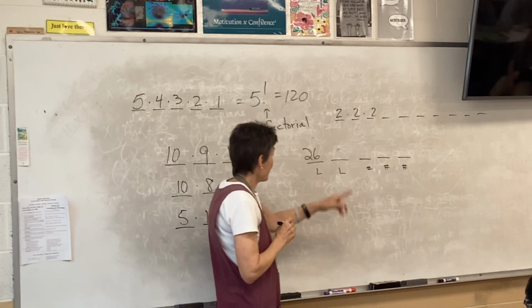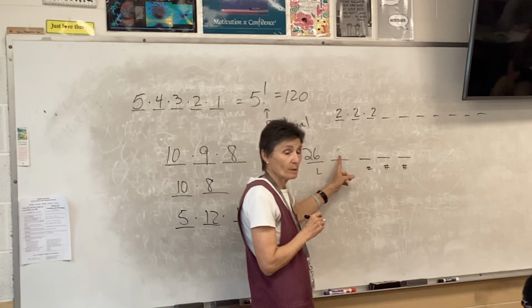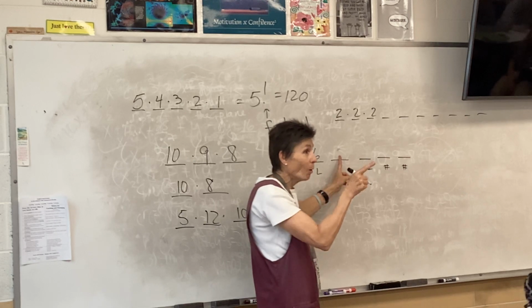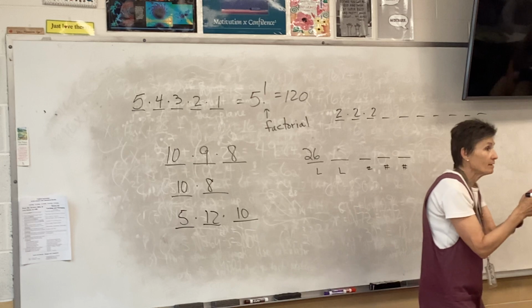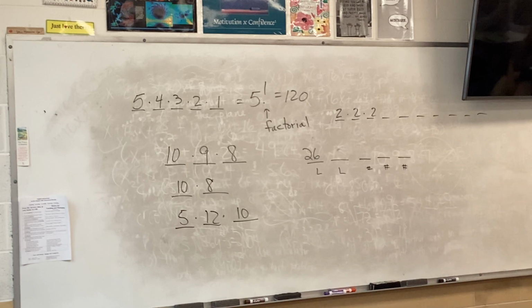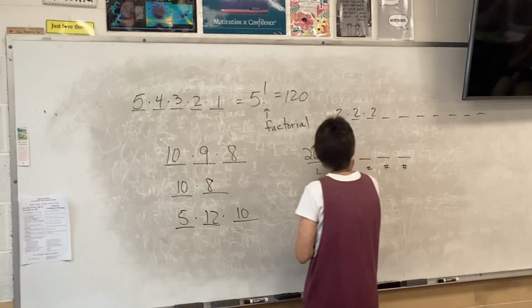Okay. I have to put another letter. How many choices do I have? 26. Kids, is there any reason why the license plate couldn't have, I don't know, BB or LL? Is there any reason why that couldn't be? Absolutely none. It's perfectly okay. You can repeat your letters.